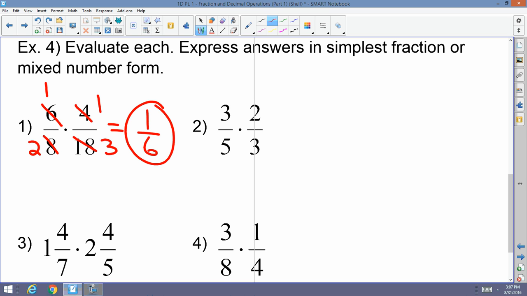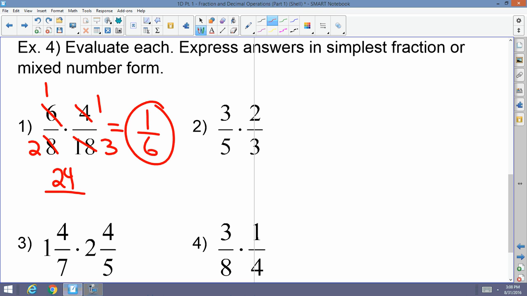Well, it depends. If you go ahead and multiply all the numerators across and then multiply all the denominators across, you're going to get the right answer, but it won't be simplest form. It won't be reduced. So if you do go ahead and multiply across, you're just going to have to remember to reduce at the very end. So for example, if I didn't cross reduce, 6 times 4 is 24.